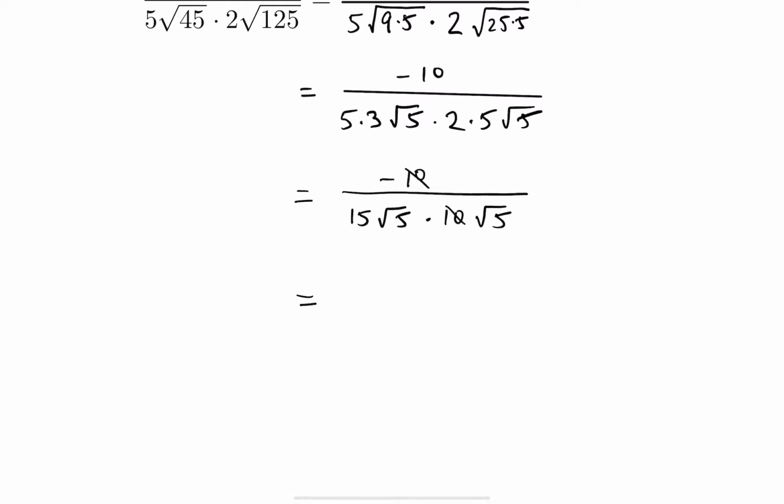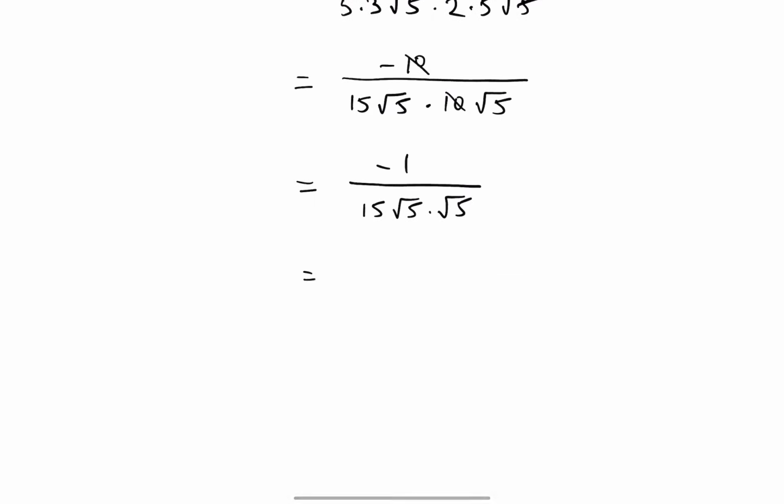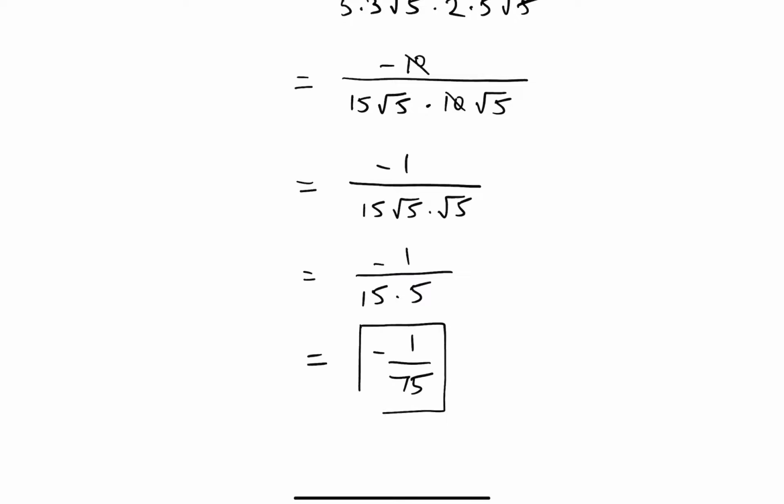And now we're left with negative 1 over 15 times the square root of 5 times the square root of 5, which works out to negative 1 over 15 times 5, because square root of 5 times square root of 5 is just 5. That works out to negative 1 over 75. And that is our answer.